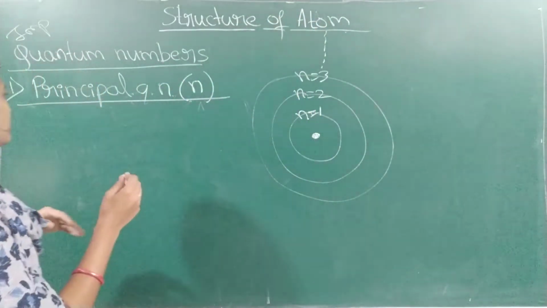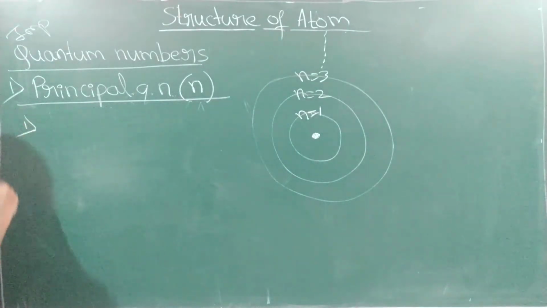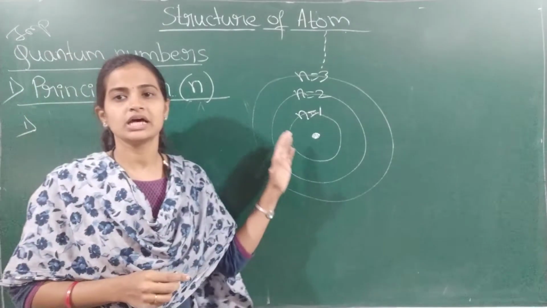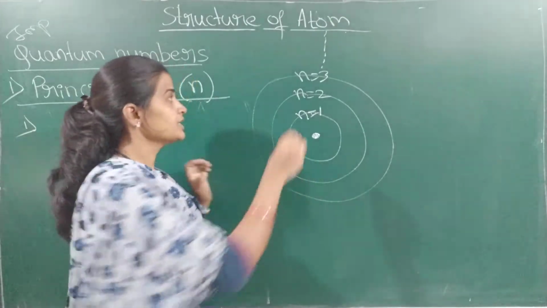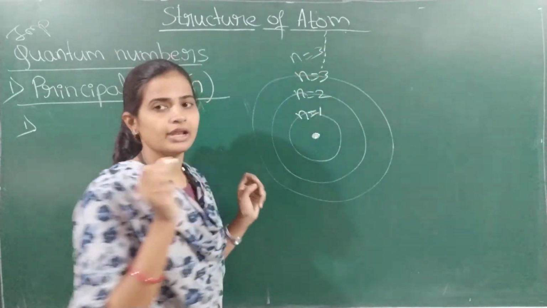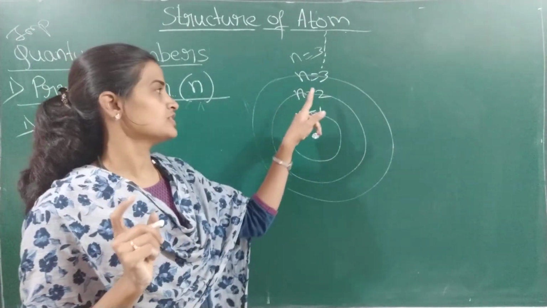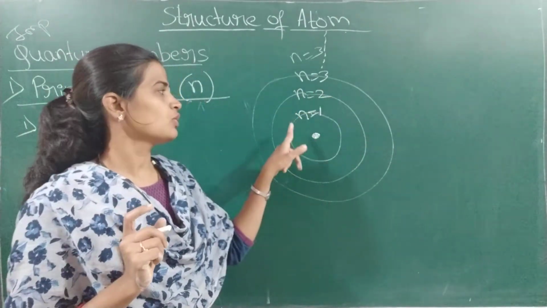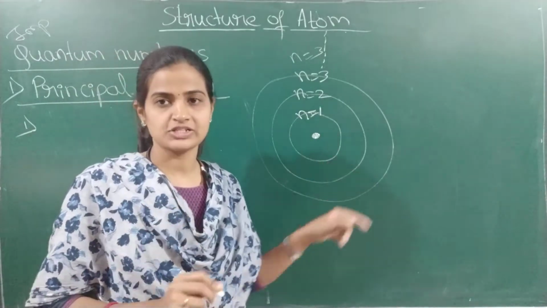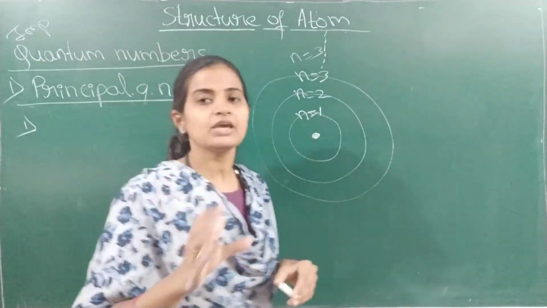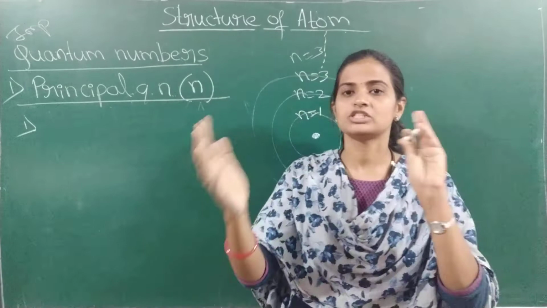So, by looking at this, what information does it give? If n is equal to 3 for any particular electron, what does it mean? The electron is present in the third shell. If n is equal to 1, the electron is present in the first shell. I told you about the sphere, no?